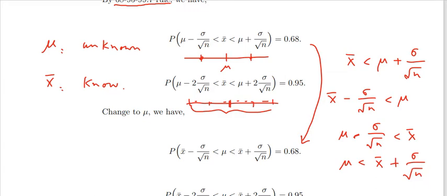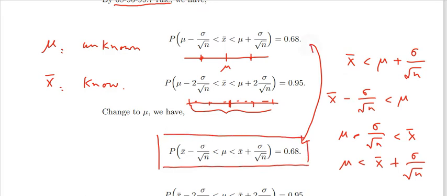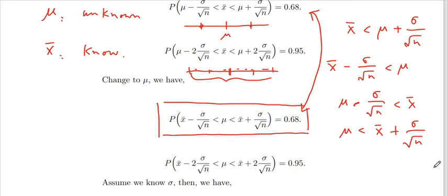So from here we can get this. These two statements are the same thing, but here we focus on x bar, and here we focus on mu. So we can say mu is between this range.